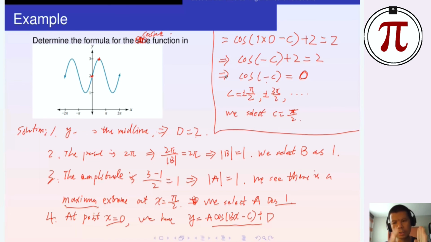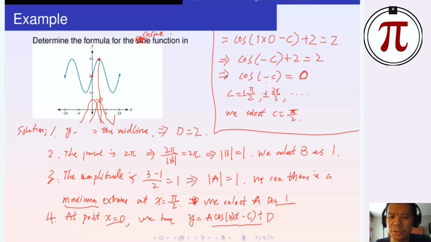So if you move this cosine curve to the right, it will go along with this one. That's why the phase shift can be made to be pi over 2. So C is pi over 2.